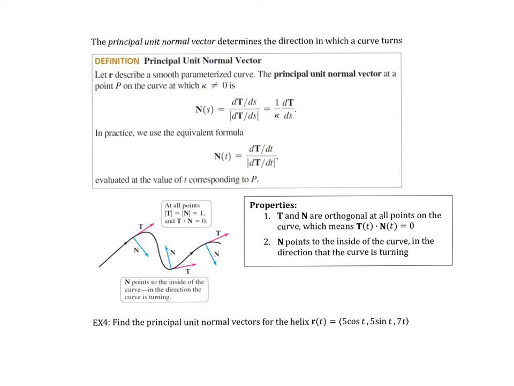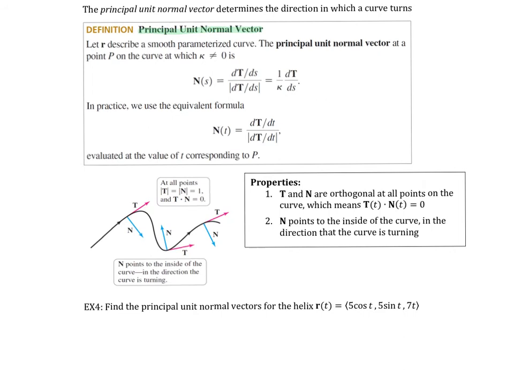Okay, so we used our tangent vector to measure the curve, or to find the curvature. The next concept we're going to talk about is our principal unit normal vector. So our principal unit normal vector is a vector that's normal to our unit tangent vector.